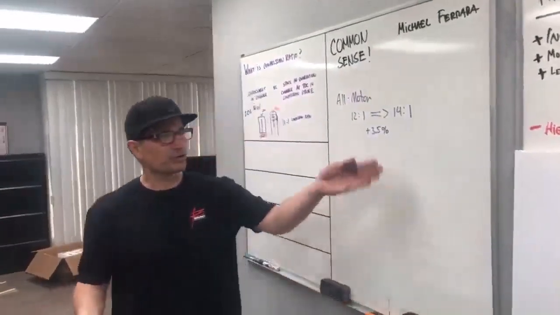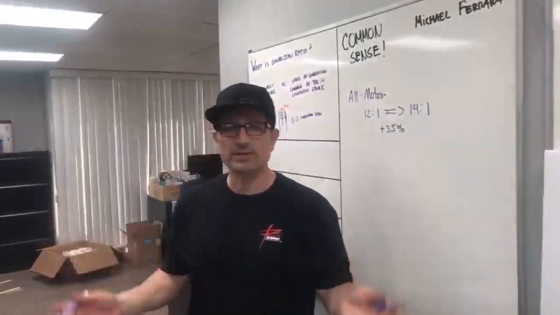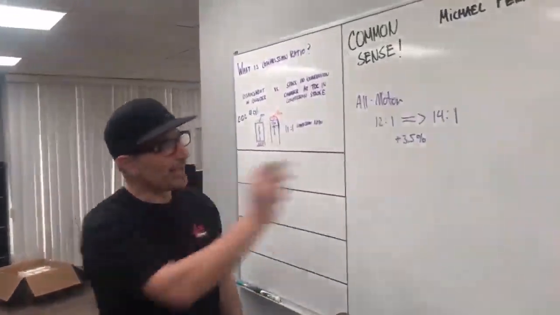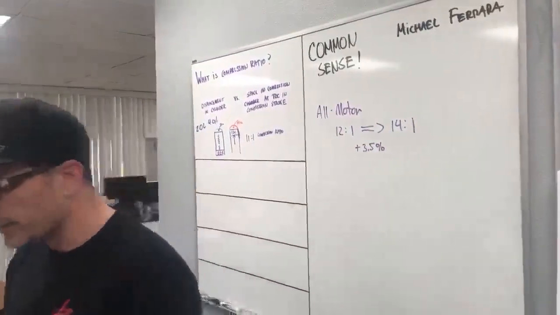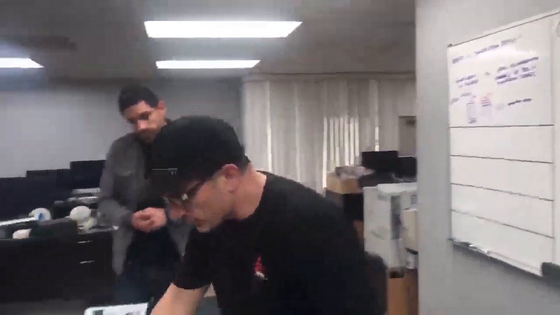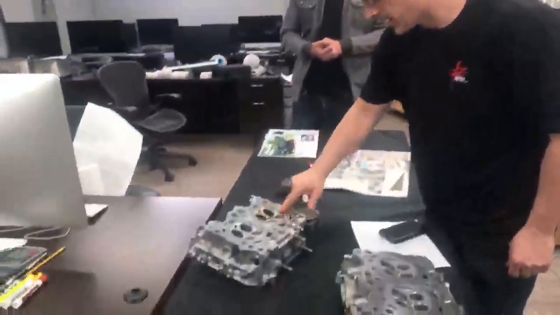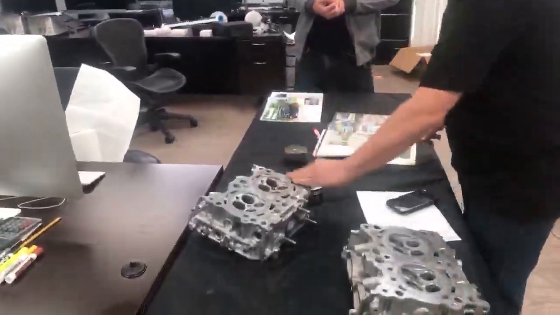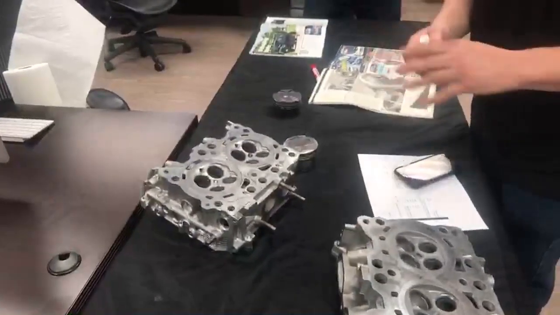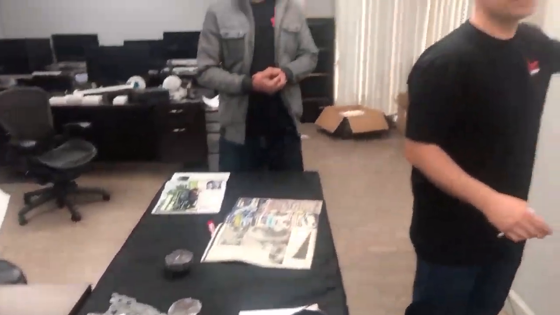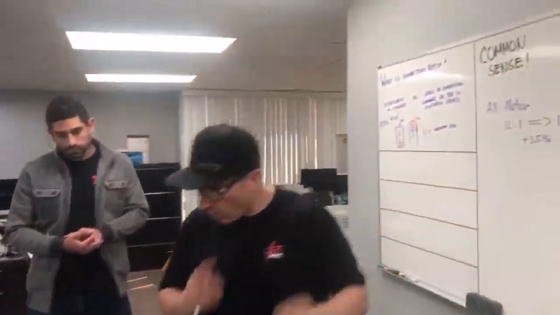I mean, we're using E85 now, everything's happy, we don't have detonation. Well, how did we get from 12 to 1 to 14 to 1? We probably had to close up this chamber a little bit. We might have had to mill the cylinder head, make the combustion chamber tighter and smaller, and try to reduce this number here as much as possible.